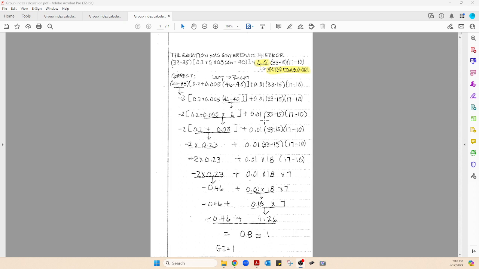Okay, let's drop again. This time I got rid of these parentheses right here, and what I did was I subtracted the liquid limit minus that constant of 40. That gives me 6.